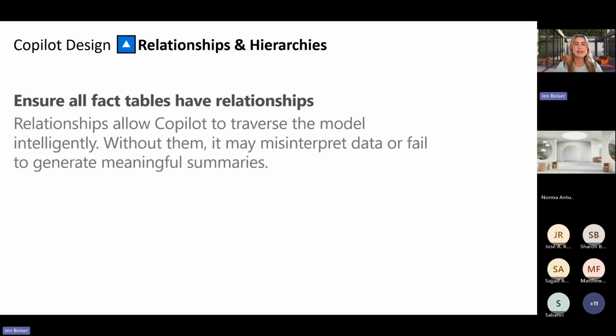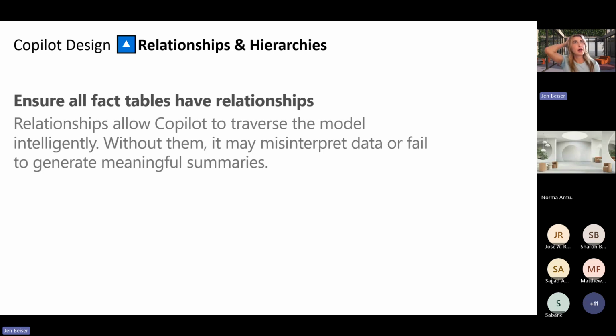And Copilot is the same way. It needs to have those relationships to make sure that it understands how the data in your semantic model is related. And so if you have one big flat table and you're not using a star schema, Copilot is not going to be able to provide very robust answers to the end user questions.